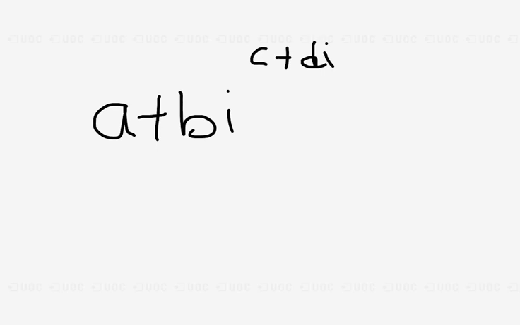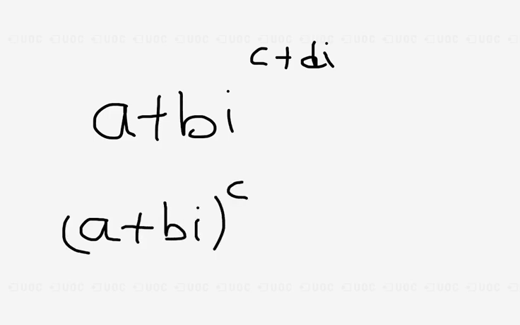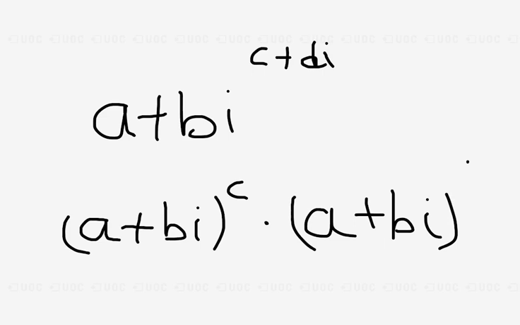By exponentiation laws, (a+bi) to the (c+di) can be broken up into two parts: (a+bi) to the c times (a+bi) to the di.